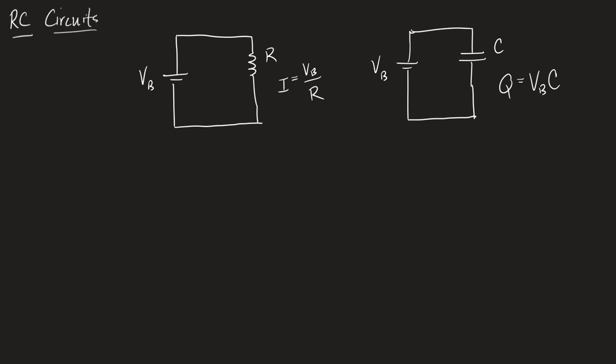Now, in our activity and in our discussion prior to it, we talked about what happens when we have a circuit that has a transient nature to it.